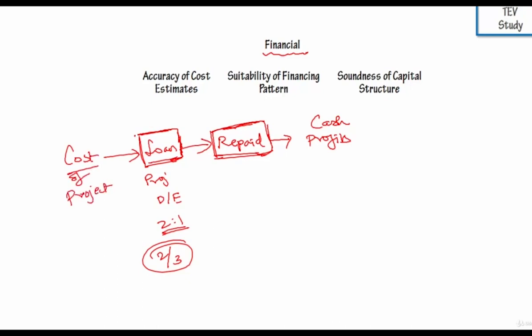So look, everything is now linked to what? Cost of project. Unless this cost of project is accurate, everything will be a mess here, because you are going to give a loan against an inaccurate cost of project.